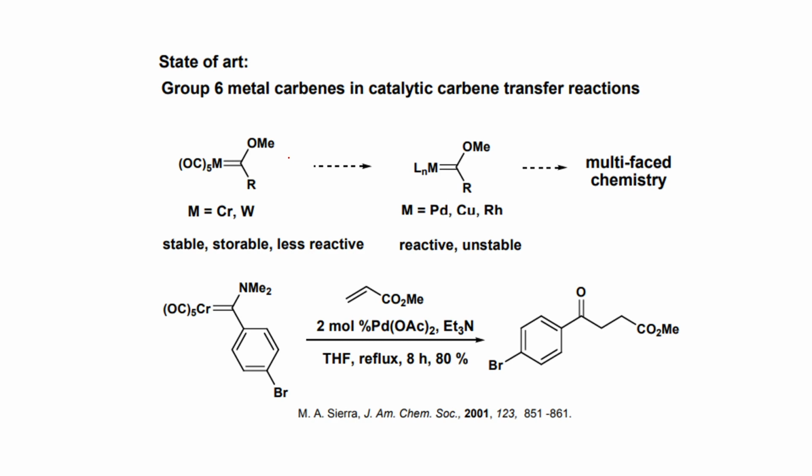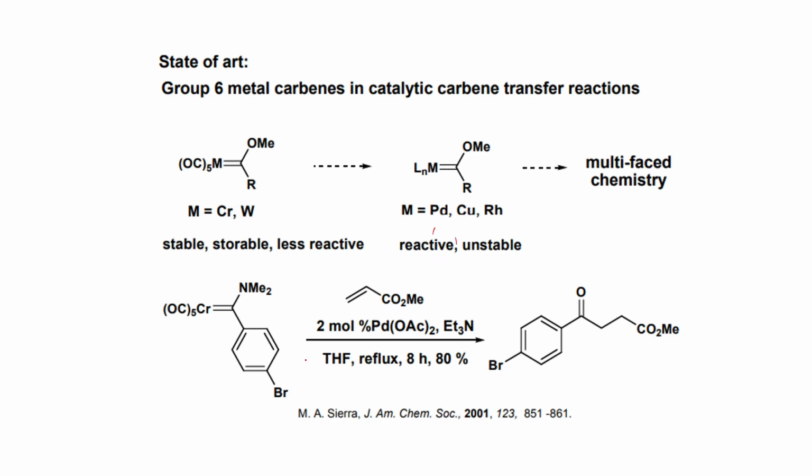For metal carbenes in catalytic carbene transfer reactions, chromium and tungsten can be swapped by heavier metals also, palladium, copper, and so on. They are actually very reactive and unstable.